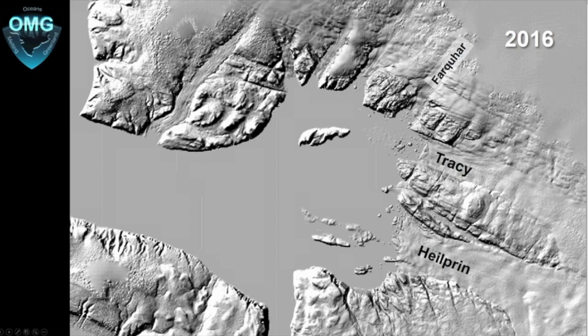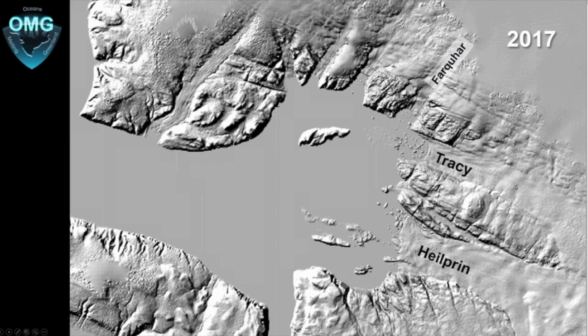But if you look carefully at the fronts of Tracy and Helprin, this is 2016, and if I scroll forward to 2017, you can see that the front of Tracy has actually receded a little bit in 2017, and Helprin has stayed almost exactly the same. So if I just go back and forth a couple times, you can sort of make out the changes.